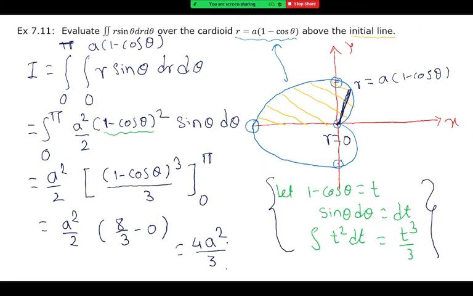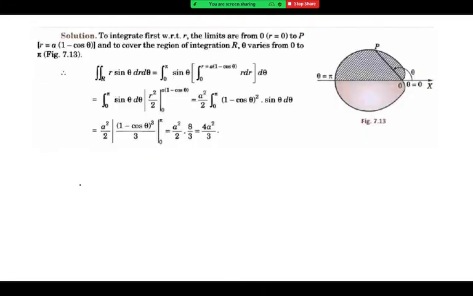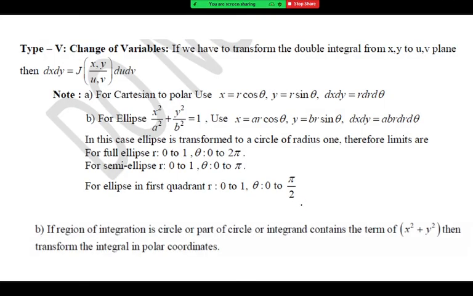Yes, are you finished? Are you completed? Yes, sir. Done, sir. Good. So this is the textbook solution. You will observe the same solution we have obtained here, 4a square by 3.